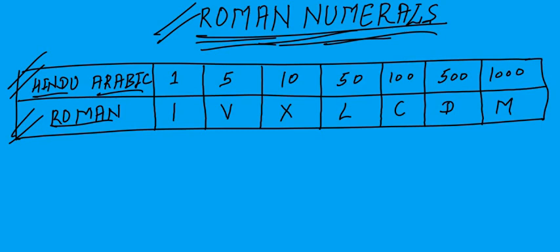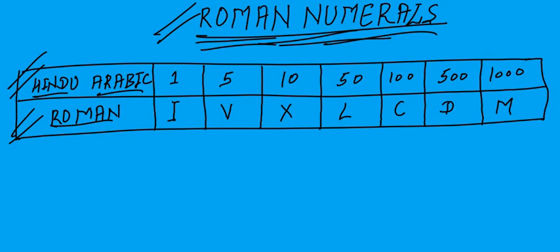Students commit mistakes when they change Roman numerals to Hindu Arabic or Hindu Arabic to Roman numerals. So the first rule is that you have to remember the bases.